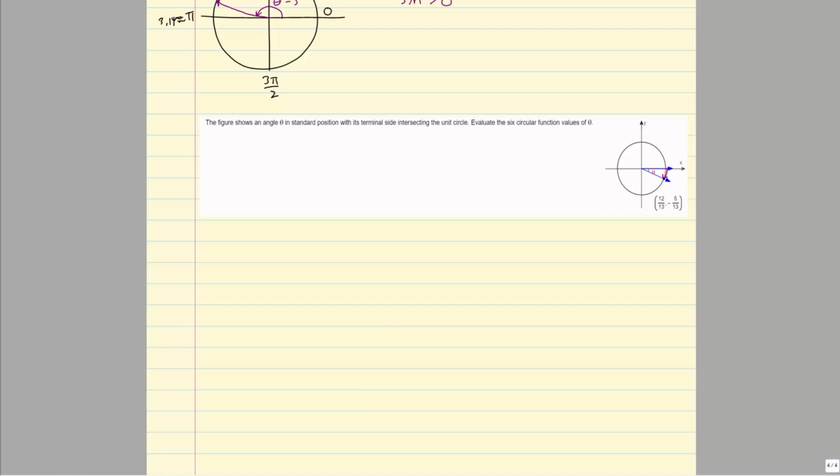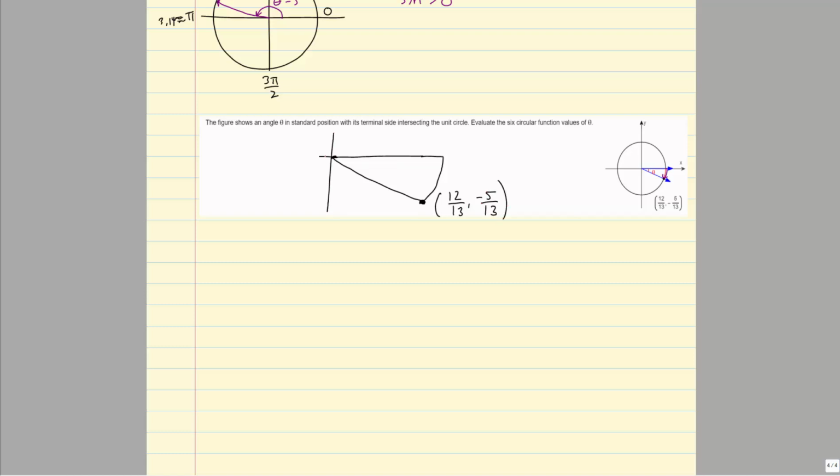Now if we blow up this picture just a little bit and kind of see what's going on here in quadrant 4, I have something that looks like this. And then I have the circular piece that kind of comes in like that. And I know that this point right here is given to me as 12 over 13 and negative 5 over 13 because I know I'm in quadrant 4.